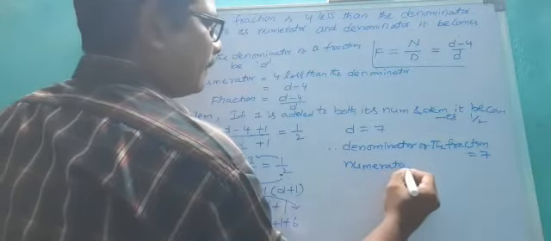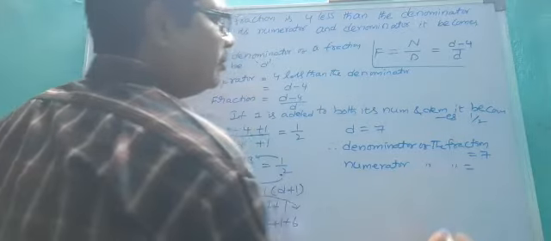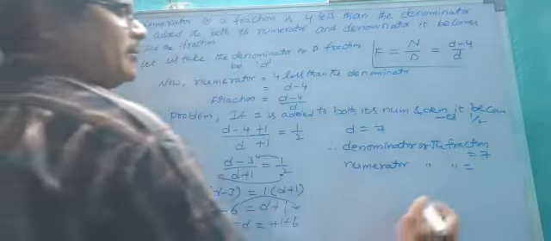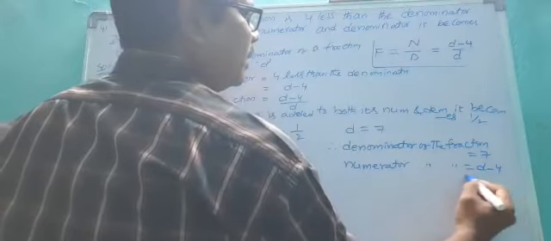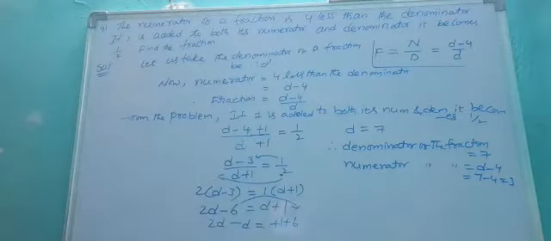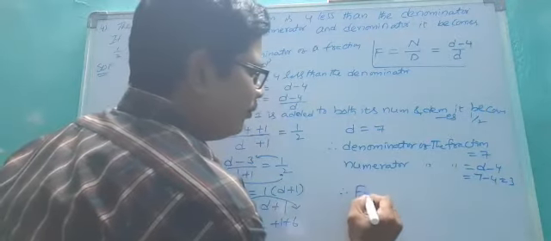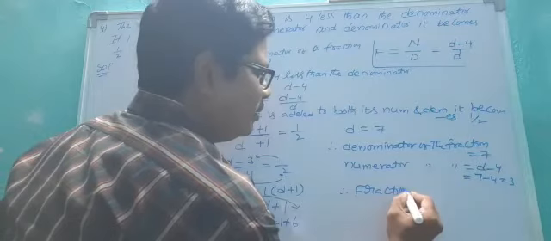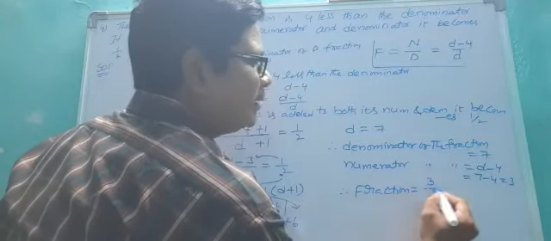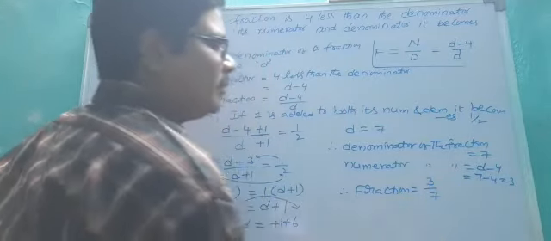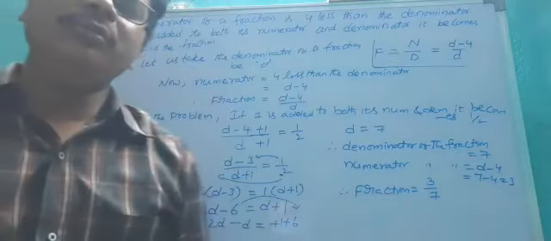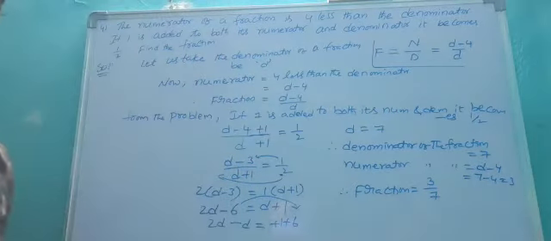The numerator of the fraction equals d minus 4, that means 7 minus 4, that equals 3. What do you want? Find the fraction. Therefore, the fraction is equal to numerator 3 by denominator 7. So now the fraction is equal to 3 by 7.